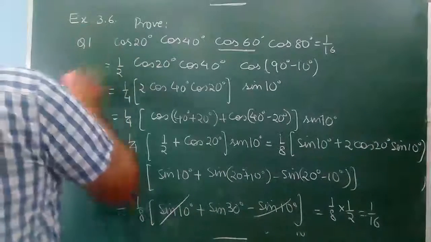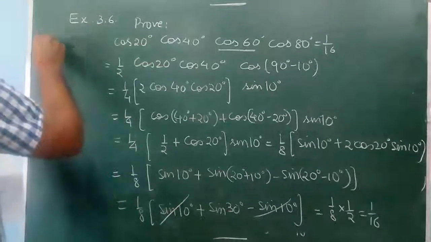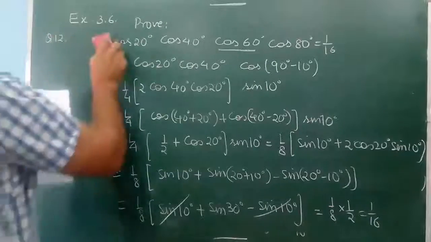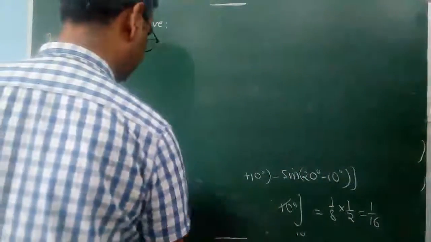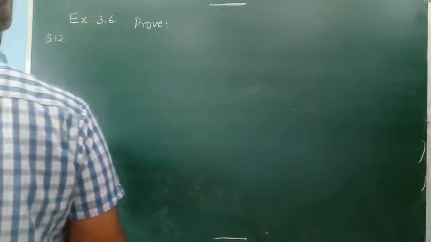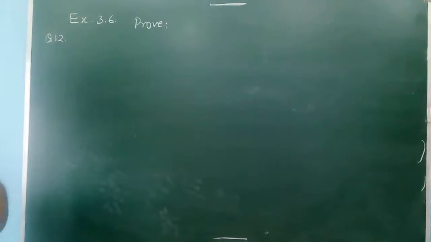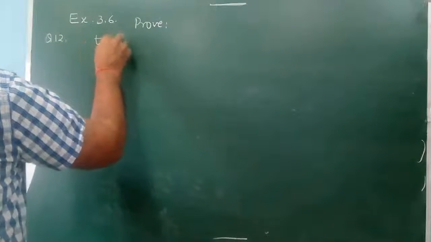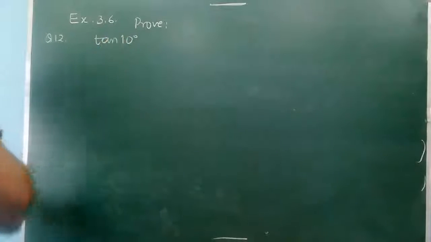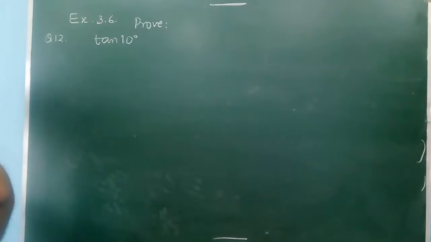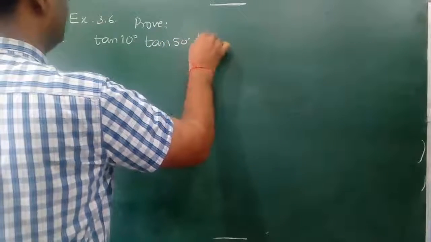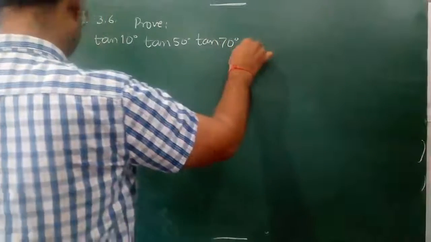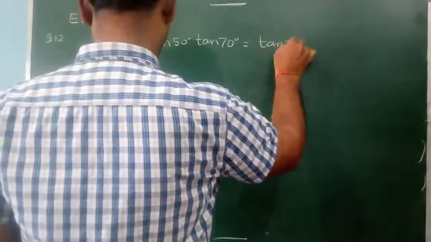Now see question number 12. Now what we have to prove? We have to prove that tan 10 degree, tan 50 degree, tan 70 degree equal to tan 30 degree.